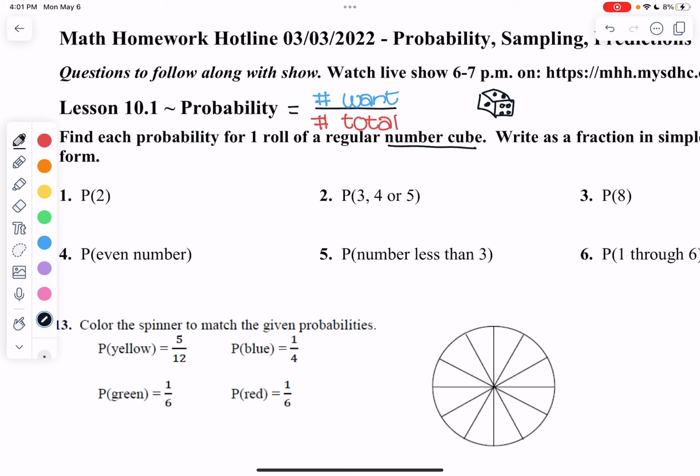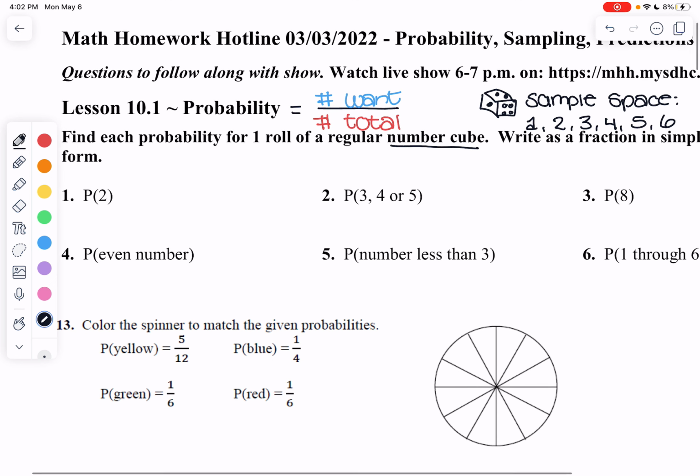If they asked you to list the sample space, that would mean list out all of my total outcomes, which is also going to be our denominator for each of these fractions. Well, the sample space: I could roll a 1, a 2, a 3, a 4, a 5, or a 6. So there are 6 possible outcomes, 6 total outcomes.